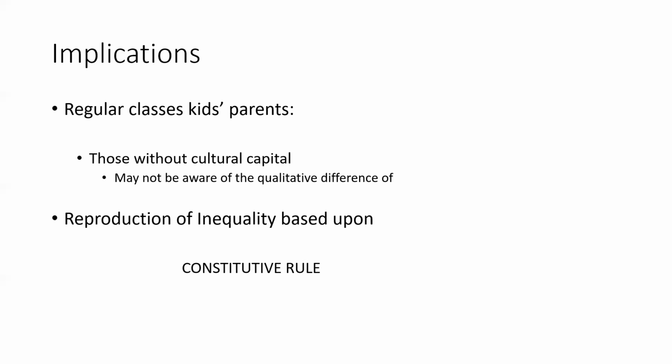And this is where I want you to think about the reproduction of inequality and how parents with cultural capital will know, one, to fight for their kids to be placed in the honors class, right? And they'll leverage their social and cultural capital to do that. At the same time, the teachers who are receiving these kids in middle school, all they have to go on are the recommendations that are happening from the elementary school.